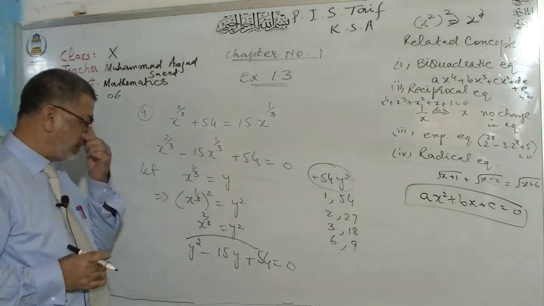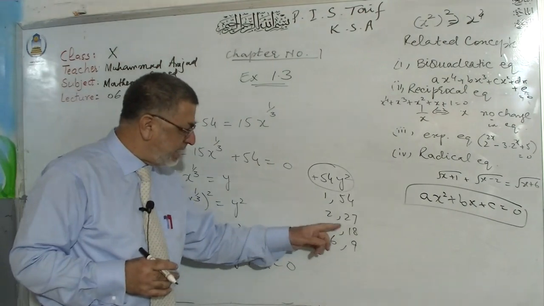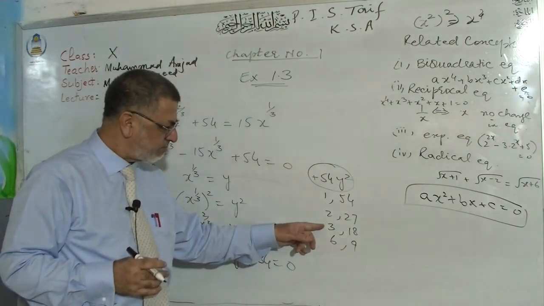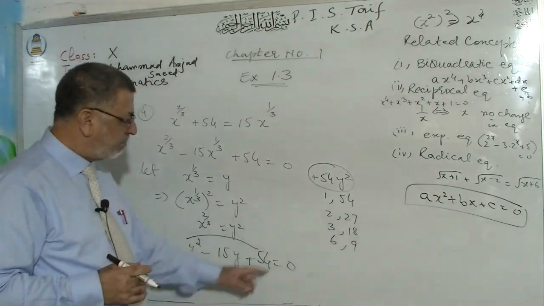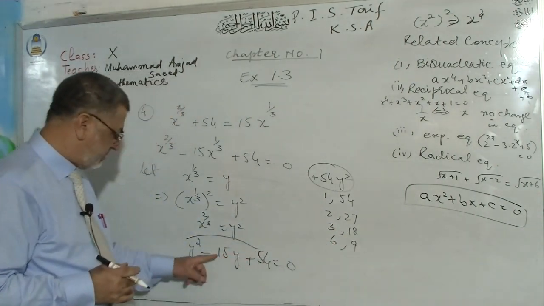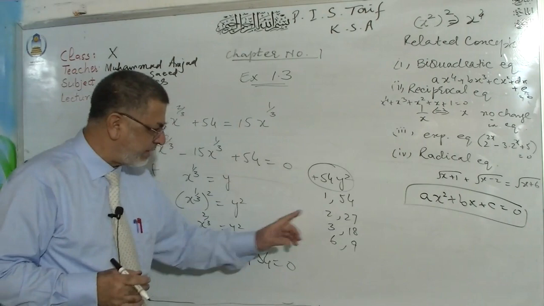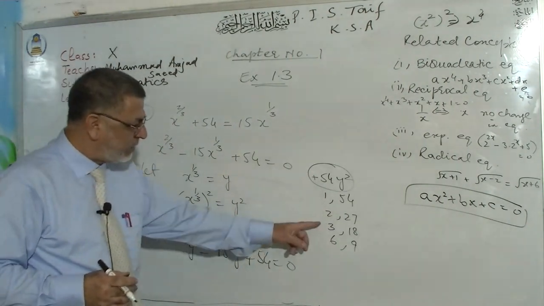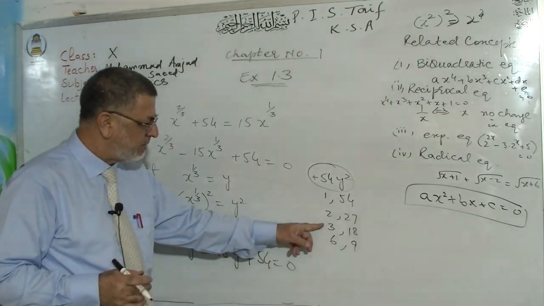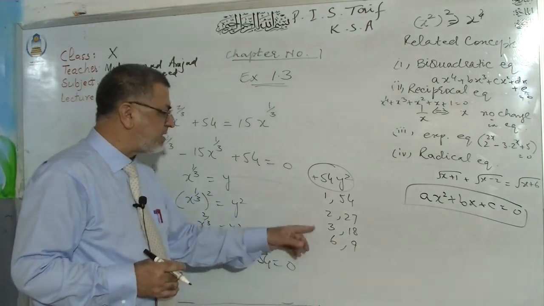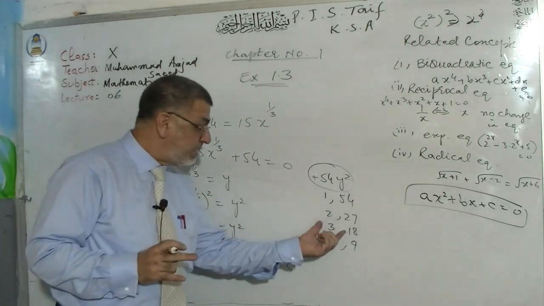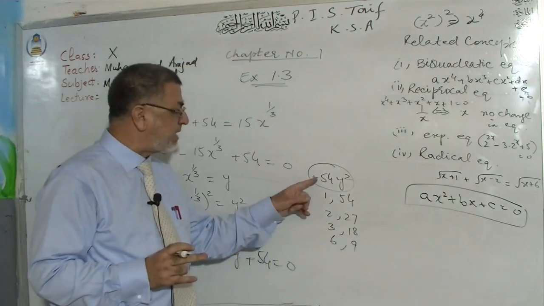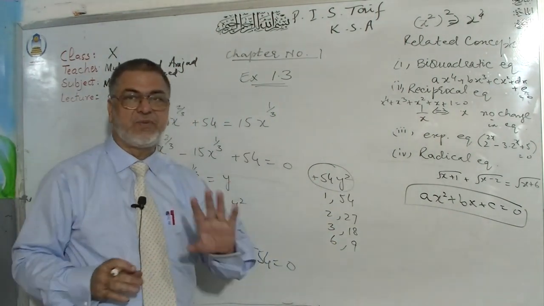Remember that 18 and 3 can make this one, but 18 will be negative according to the rule and 3 will be positive, because minus 18 plus 3 will be minus 15. But multiplying, you will not get positive 54, it will be minus 54.